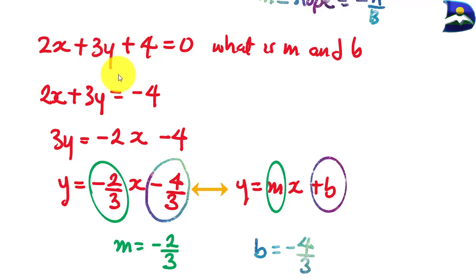For m in the general formula, all we have to do is multiply negative 1 by 2, which is the coefficient of x, divided by 3, which is the coefficient of y. So this is how you're able to arrange and also make inference as to how to determine our slope and our intercept from the general formula.